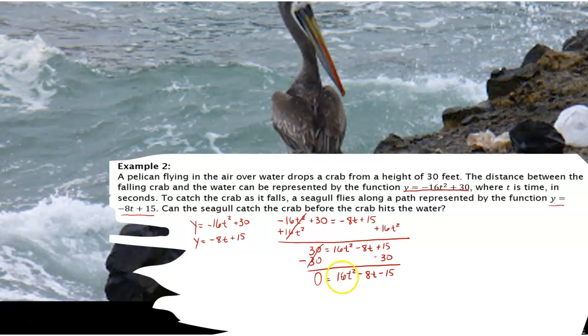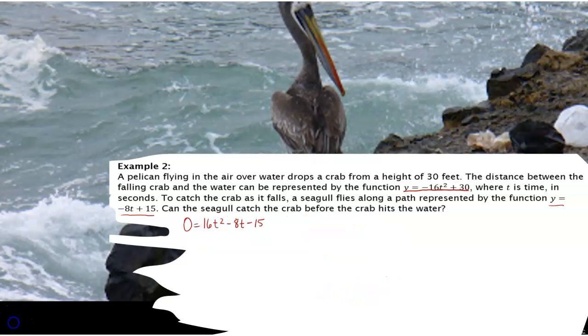For this one, we will use the quadratic formula. We're solving 0 equals 16t squared minus 8t minus 15. In our equation, our a is 16, our b is negative 8, and our c is negative 15.